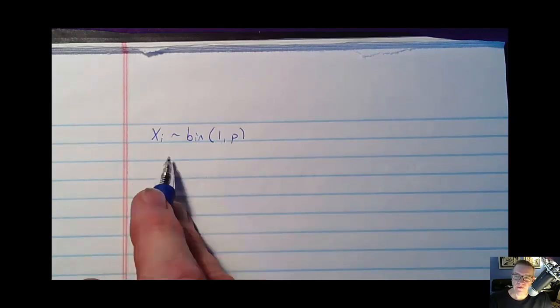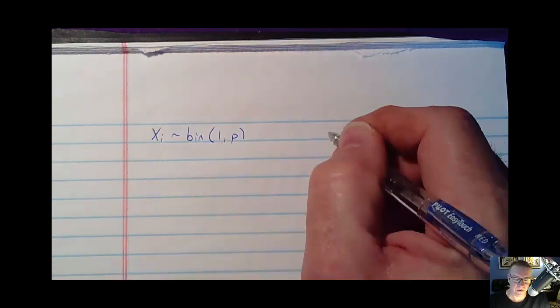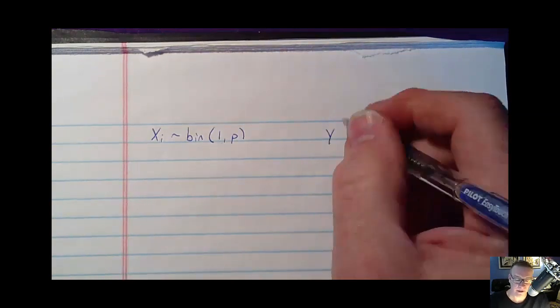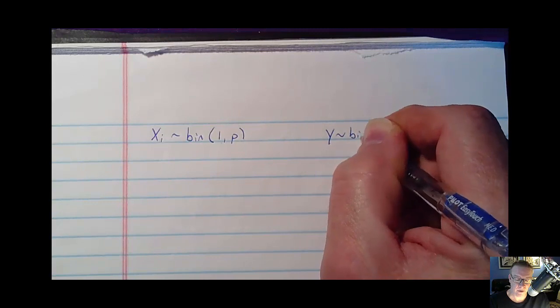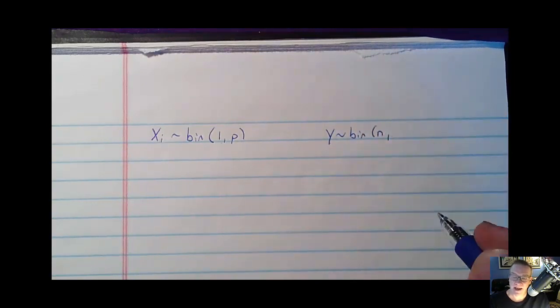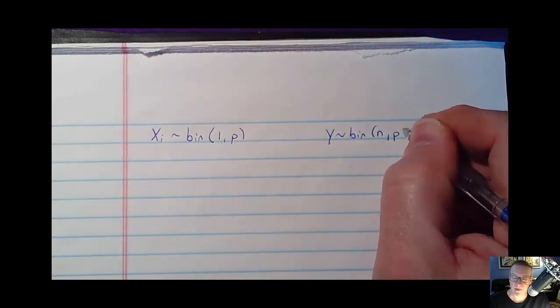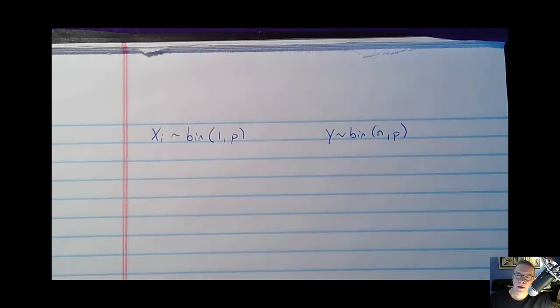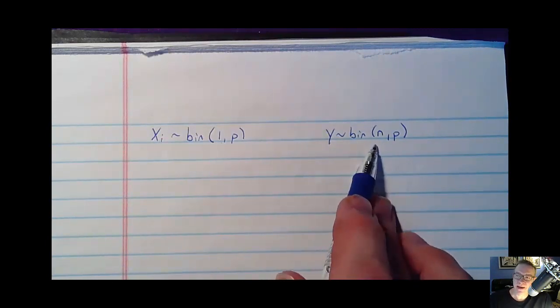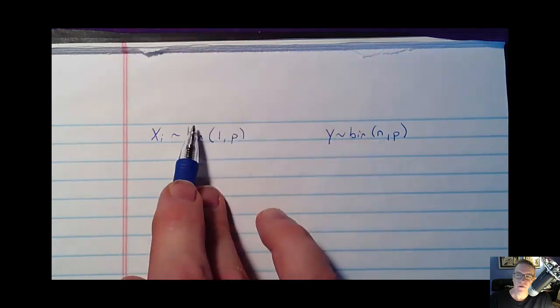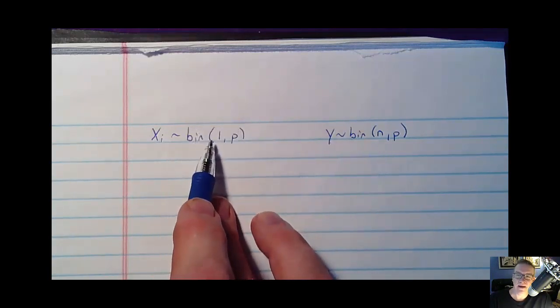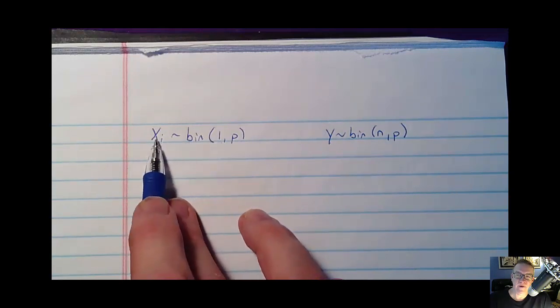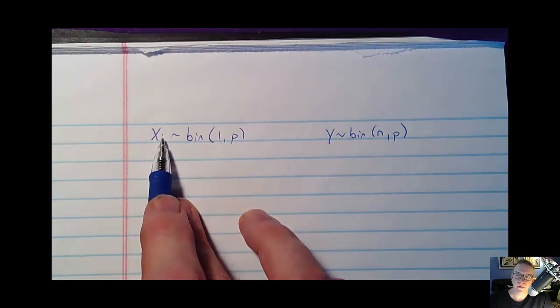Let's think about how this random variable would relate to the random variable that we're talking about here, which is a binomial where we flip a coin n times with a success probability p. So here we flip a coin n times, and we're looking for the number of heads that we get. Here we flip a coin one time, and if we get a head, then that random variable is 1, otherwise it's 0.